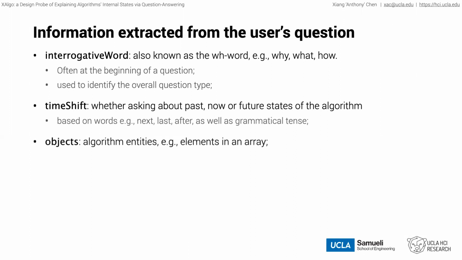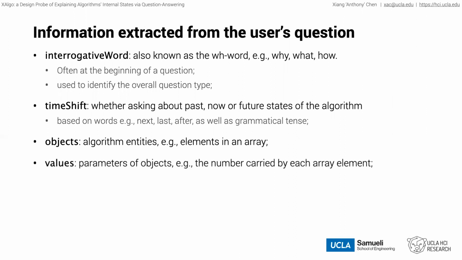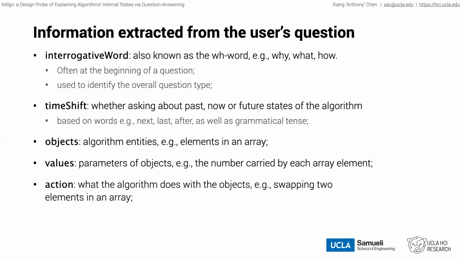An object means the question contains certain algorithm entities, such as elements in an array, and those entities often have values, such as an array would carry different elements, and then there is action the question might be referring to, such as swapping 2 elements in an array.